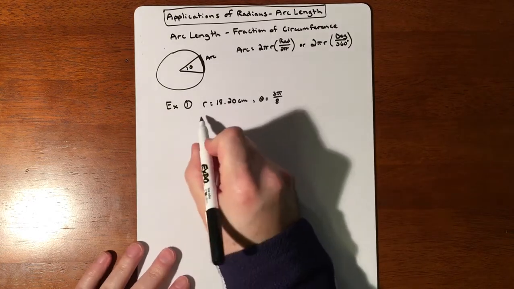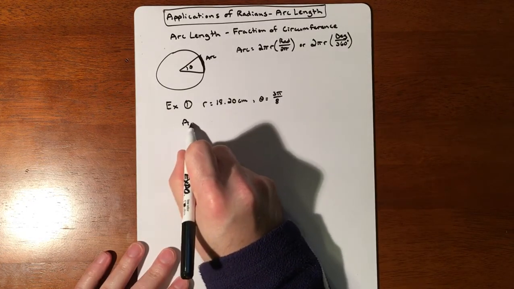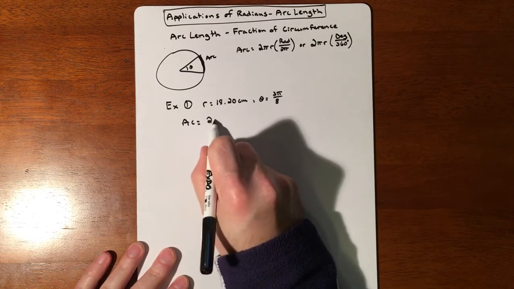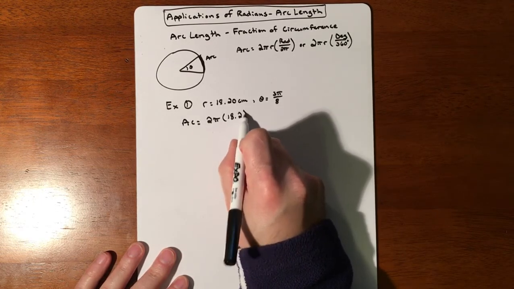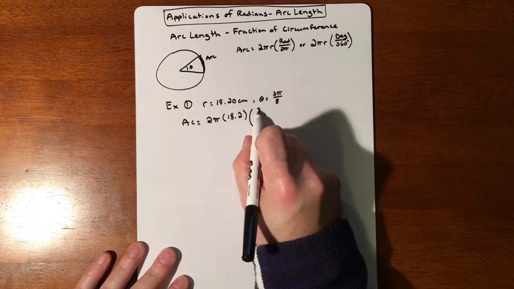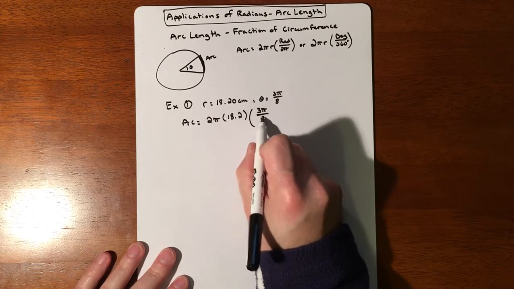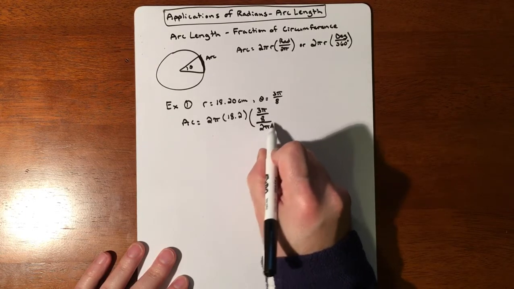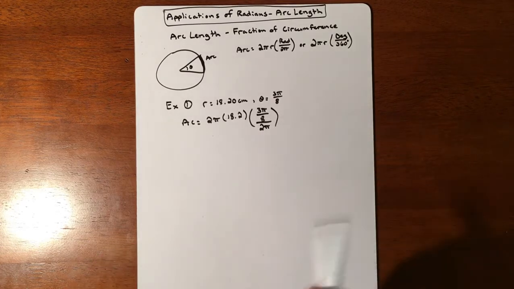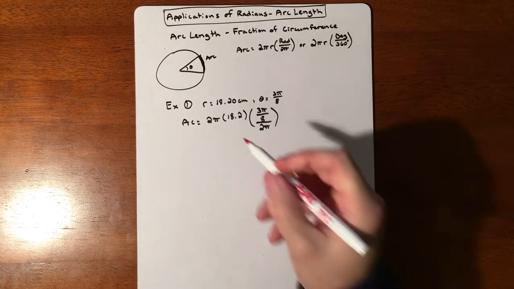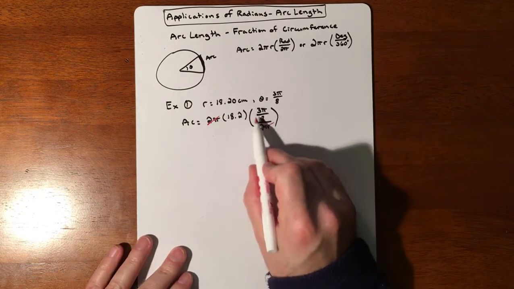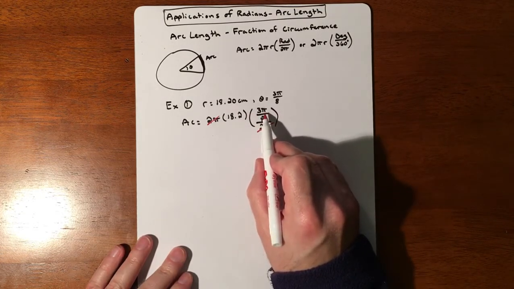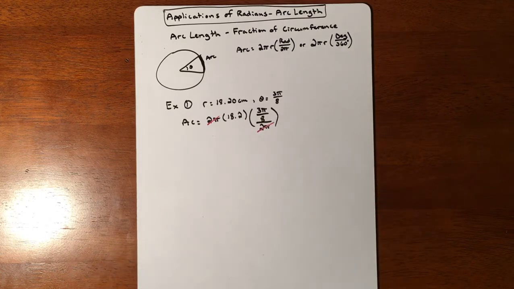So if we're looking for the arc length, we're going to have 2 pi times our radius times our fraction out of 2 pi. And then immediately I'm just going to cancel out my 2 pi's, and so really it's just going to be my radian measurement, my angle, times my radius.